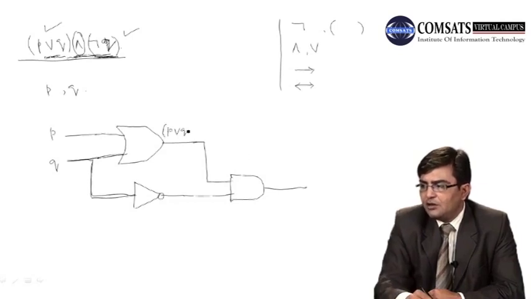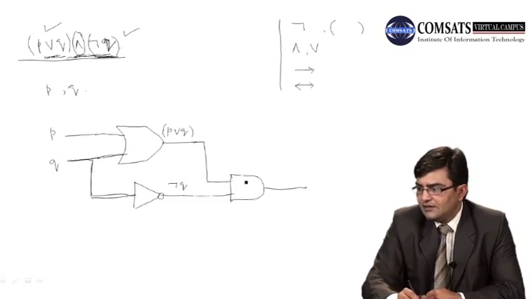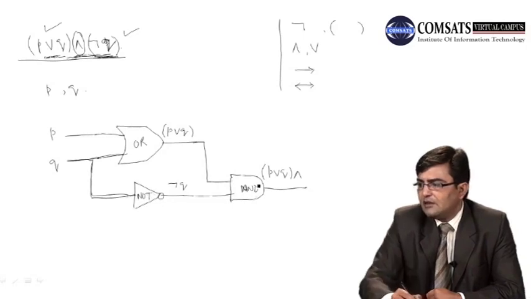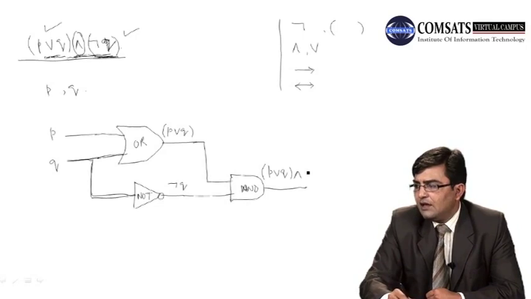Here we have P or Q, here we have NOT Q, and these two are connected by the conjunction operator, AND. We can write AND here, OR here, and NOT here. So here we have P or Q and NOT Q.